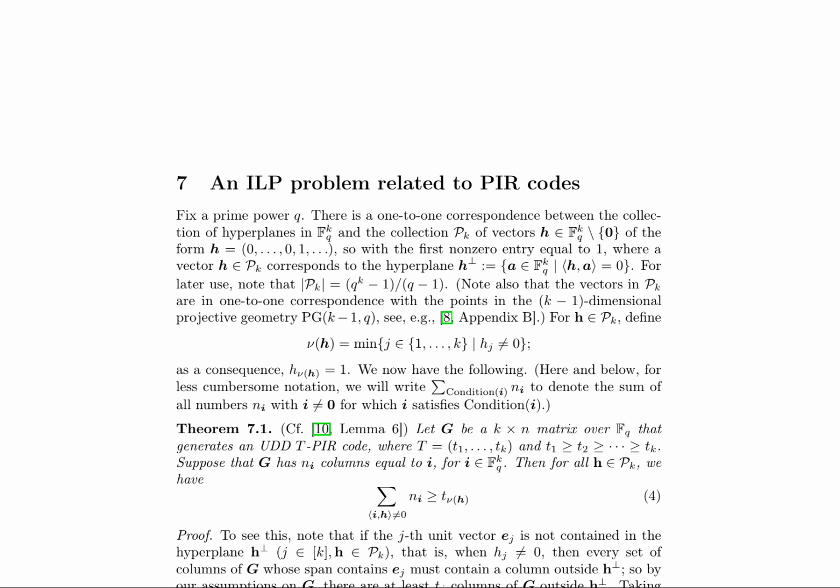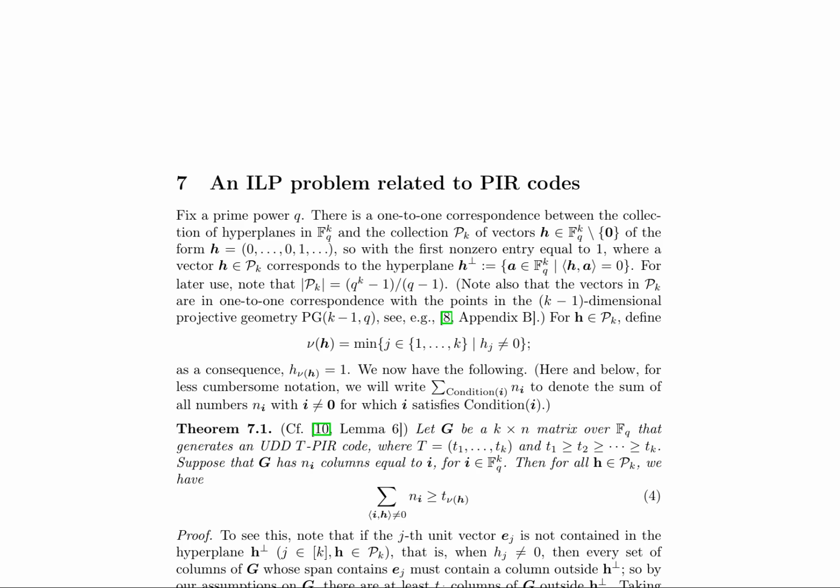This page delves into an integer linear programming (ILP) problem related to PIR codes, specifically in the context of generating t-PIR codes. The problem is defined for a prime power q and a vector t equals (t_1, ..., t_k), with t_1 greater than or equal to ... greater than or equal to t_k greater than or equal to 0.